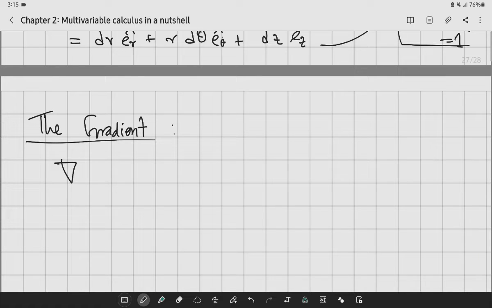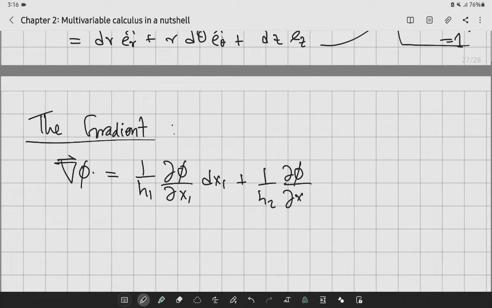I mean, you'll see that it's the same. Okay, so suppose I have the gradient of a scalar function phi. In general, this is going to be 1 over h1 partial phi over partial x1 dx1 plus 1 over h2 partial phi over partial x2 dx2 plus 1 over h3 partial phi over partial x3 dx3.